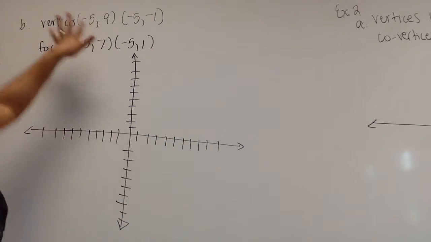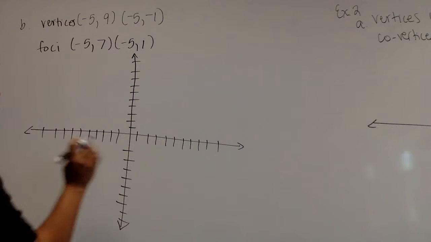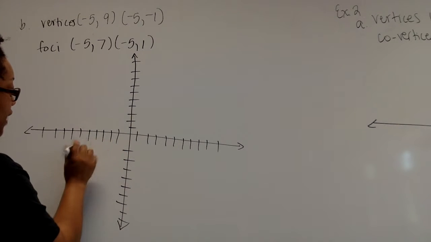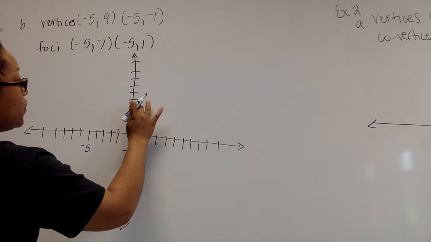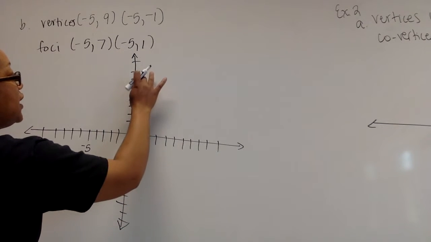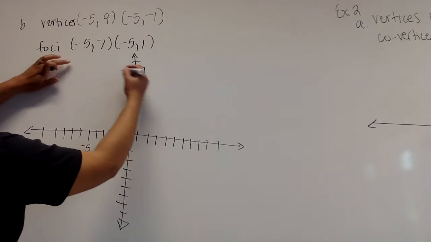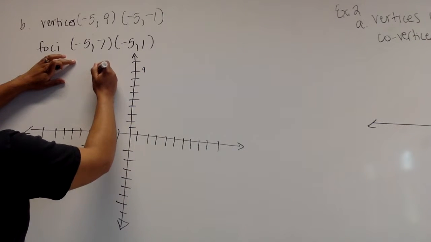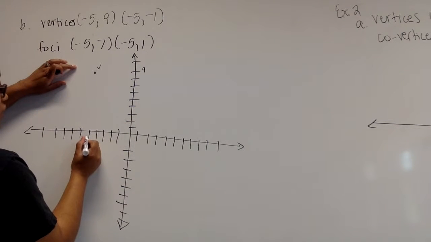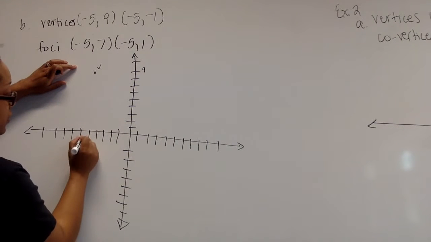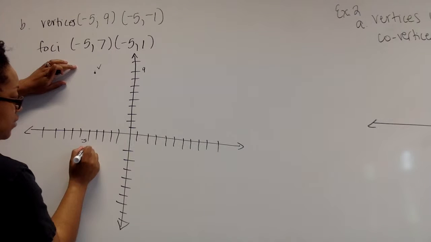Okay, so let's go ahead and plot these points. 1, 2, 3, 4, 5. That's at -5. And this is 1, 2, 3, 4, 5, 6, 7, 8, 9. This is at 9. So I've got a vertex up here, and then a vertex down here.